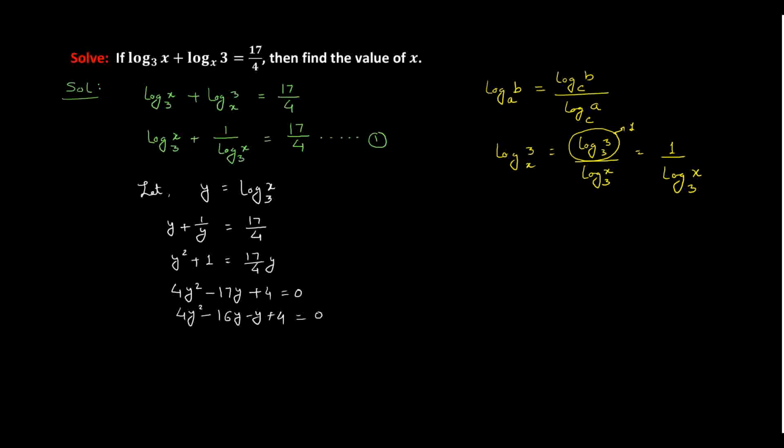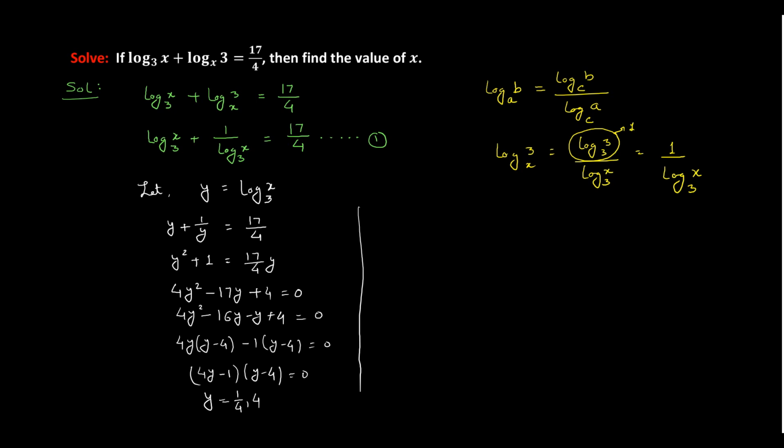Here we can take 4y common from the first two terms, and from the last two terms minus 1 will come out, so it will become y minus 4 equal to 0. So we can also write it as 4y minus 1 and y minus 4 equal to 0. In this way we can say y is equal to either 1/4 or 4. So here we have got the two values of y.